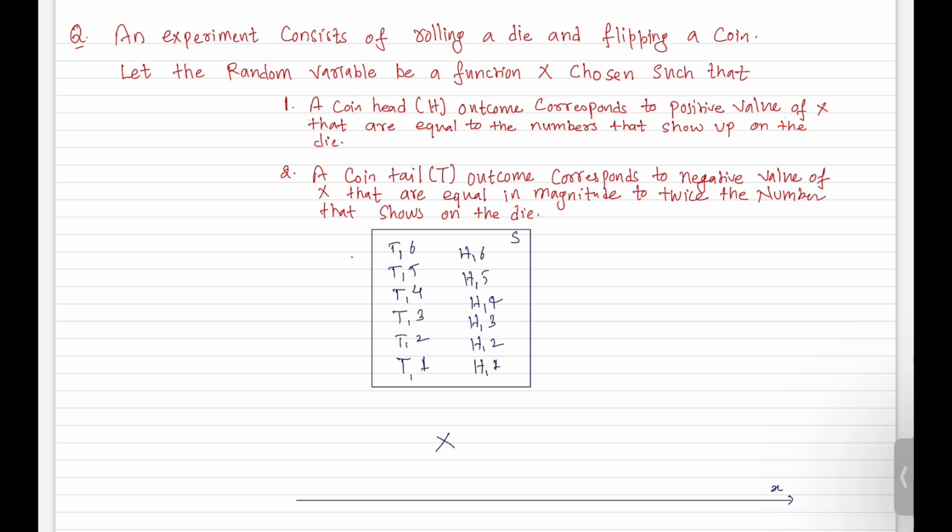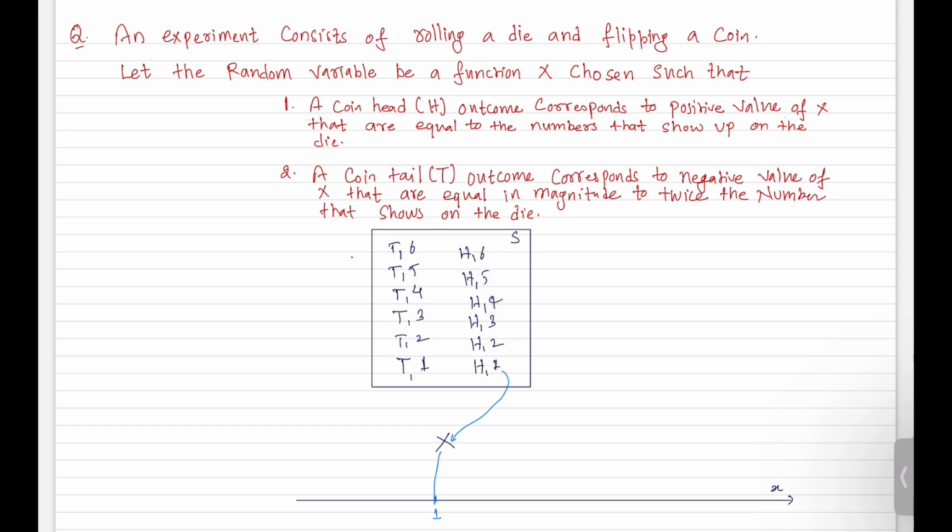So this will go as input to this X, and according to the information given in our question, this will get mapped to 1. In the question it is given that whenever a head comes, in any outcome that has a head, when this random variable takes it as input, then you have to map whatever we have got on the die.